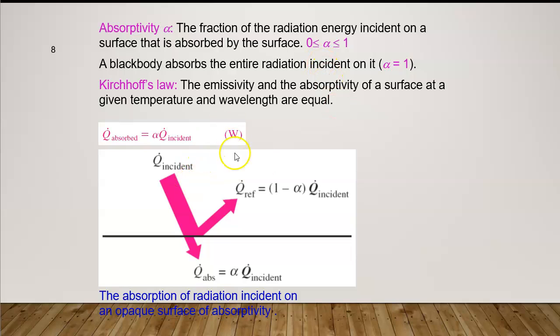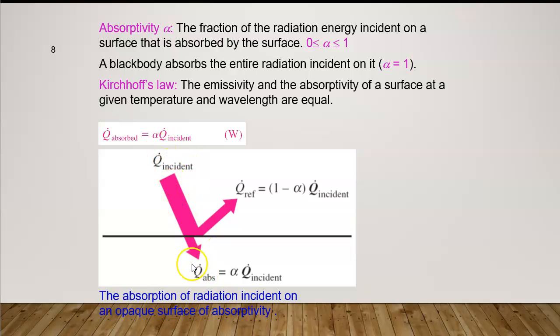So here we have Kirchhoff's law. The emissivity and absorptivity of a surface at a given temperature and given wavelength are equal. So we have Q absorbed equal to alpha times Q incident. Actually, this is when we have incident sunlight.